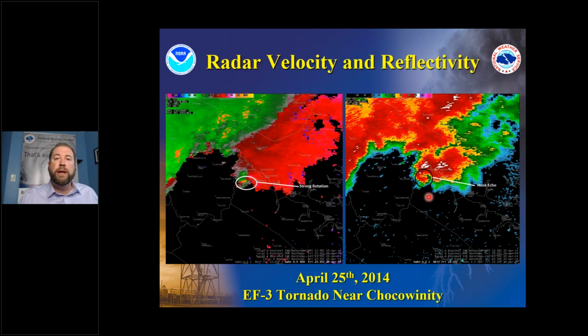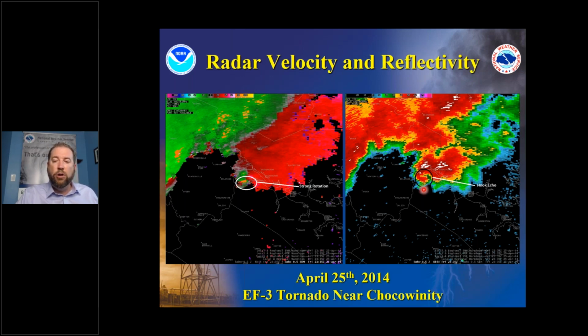So here's a little zoomed in perspective. Again, on the left is something that you may never have seen before. It is the velocity. The red, in this case, is blowing from south to north, or away from the radar. The green is blowing from north to south, in rough terms. So very, very strong rotation here.